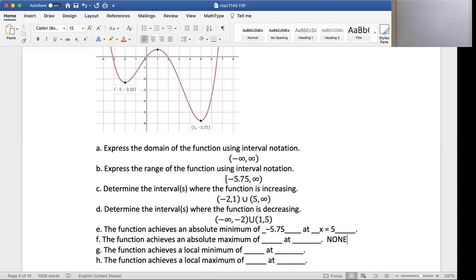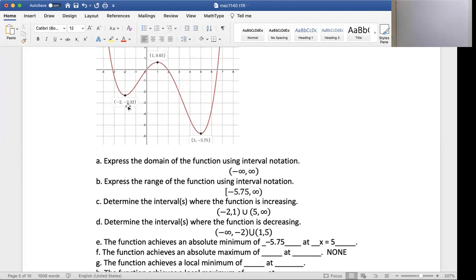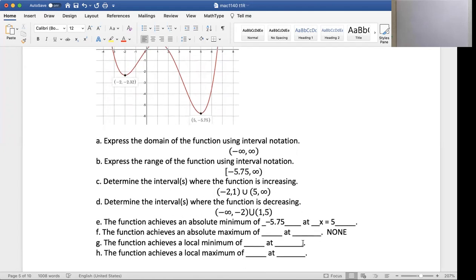Now, a local minimum, I have 2 of them. So let me copy this. Actually, I have two local minimums.